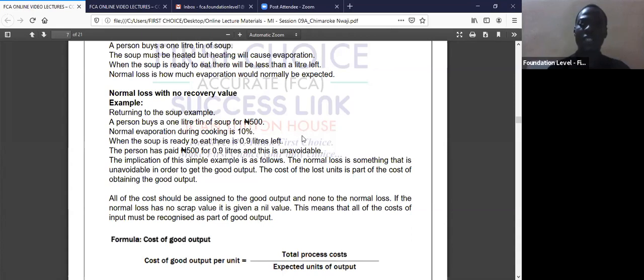There is no way that, when evaporation goes, you can value it. You are not going to recover that evaporation. Then that means there are some losses for which you expect no recovery value.